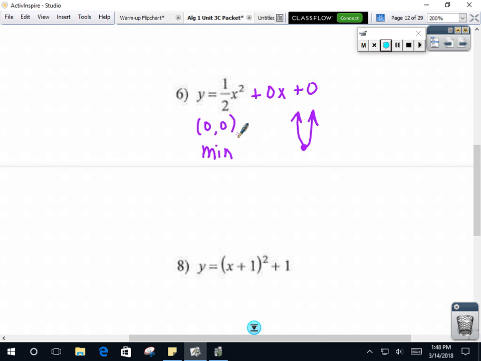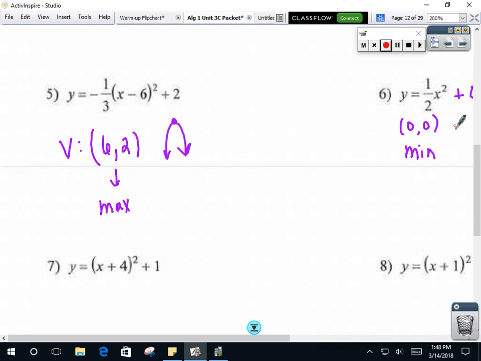The only thing that's happened to this parabola is it got stretched wider because of the 1/2 out front. Remember, if your a value is less than 1, it's a vertical shrink, which makes it wider. And that's the only thing that occurred because everything else was zeros. That's why it's 0, 0. It doesn't get moved up, down, left, or right.